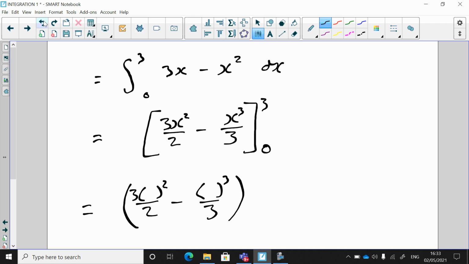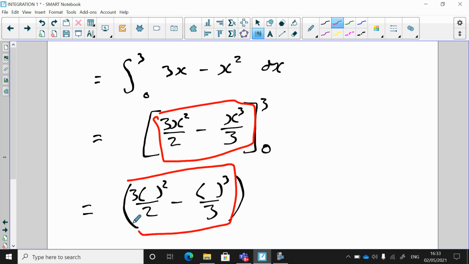So what we're going to do is cut and paste. What I mean by cutting and pasting is, see that thing there? I've taken that and copied it there, and the only thing that I've removed is the value of x, because I know the value of x I'm going to use here.